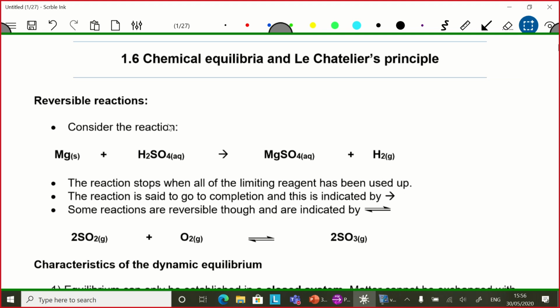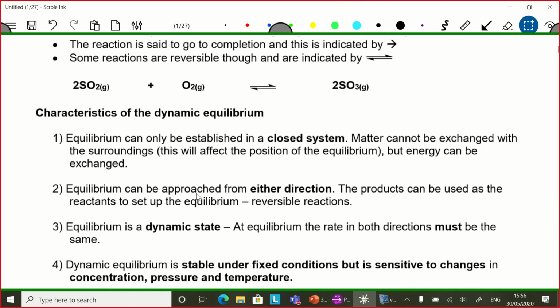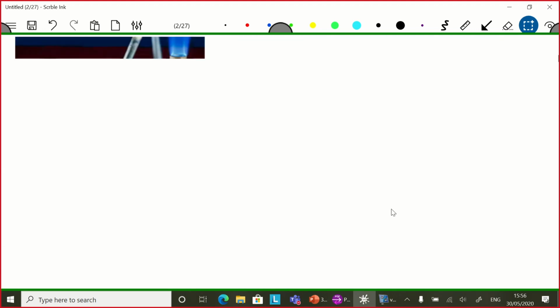But the whole idea of chemical equilibrium is that we're trying to tell you that we have two types of chemical reaction. We have what we call the reversible reaction, and we have something called the irreversible reaction. So let's just talk about this again.